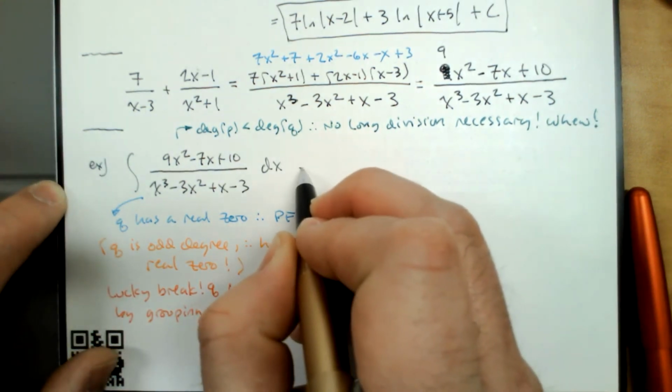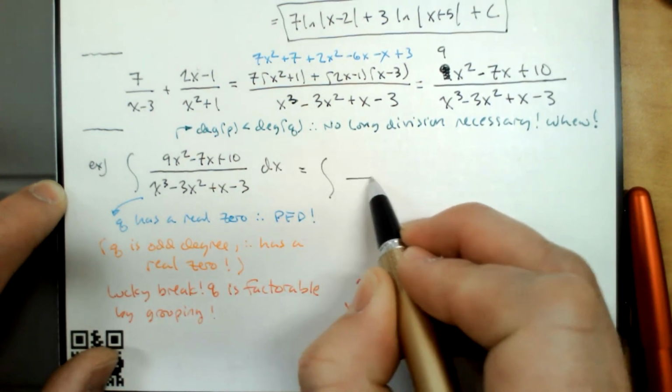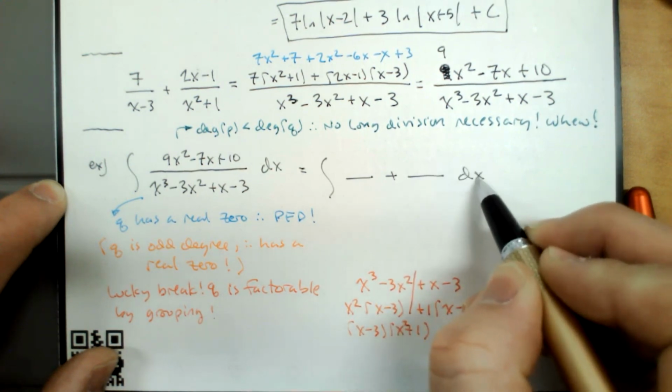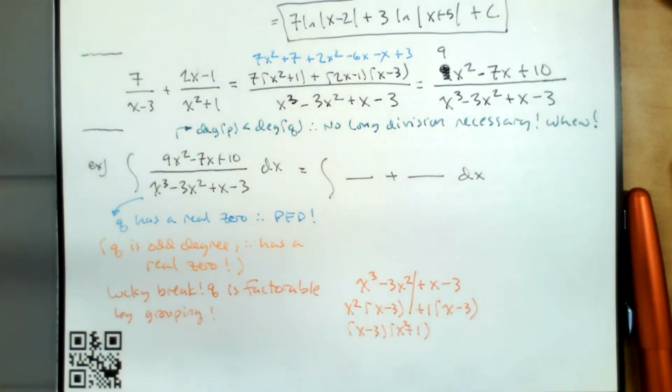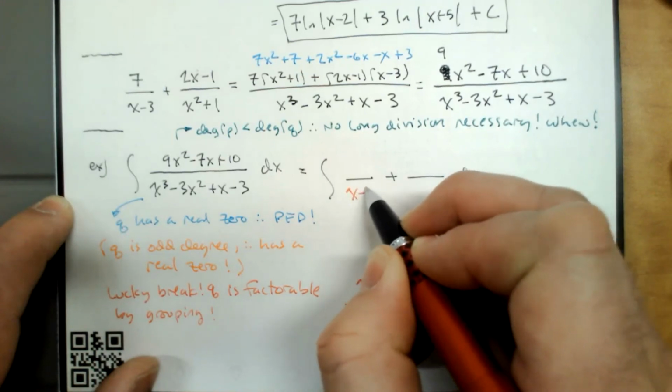So we want, this is still in the context of integration for reasons. I'm going to split this rational function into two terms. One term is going to have denominator x minus 3.